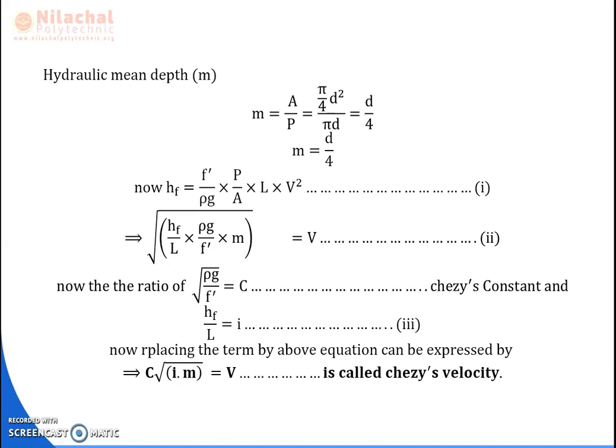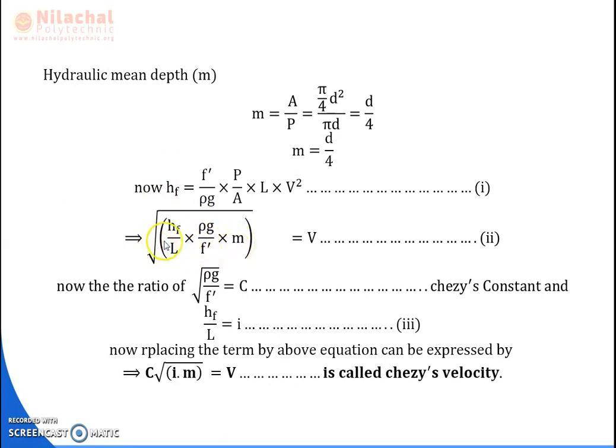Now separating the terms, the velocity of water through the pipe can be given as square root of hf by L, with 1 by f dash by rho g meaning rho g by f dash, and 1 by 1 by m meaning m. So we get velocity as square root of hf by L into rho g by f dash into m.